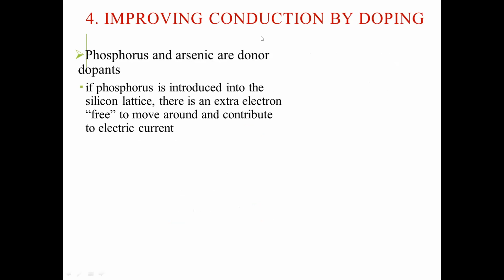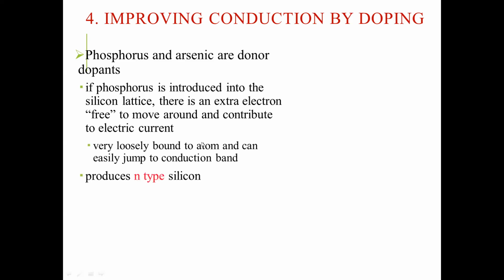If phosphorus is introduced into a silicon lattice, there's an extra electron to move around. Remember, we said silicon requires 4 electrons to be stable, but phosphorus has 5. So after producing the stable octet, we still have 1 loosely bound electron that can jump to the conduction band and hence improve the conduction.